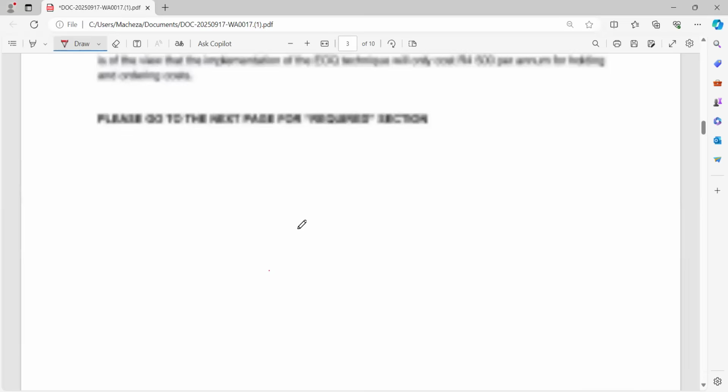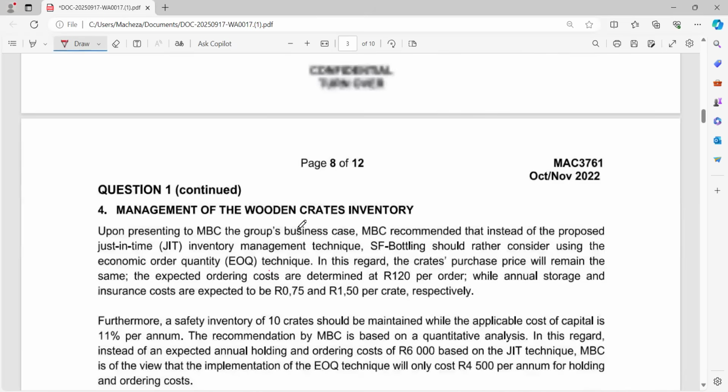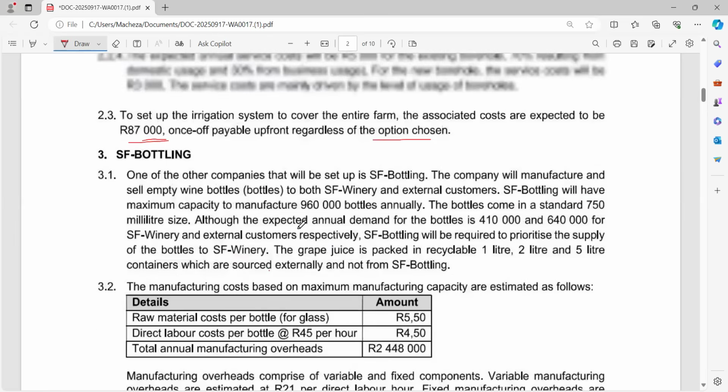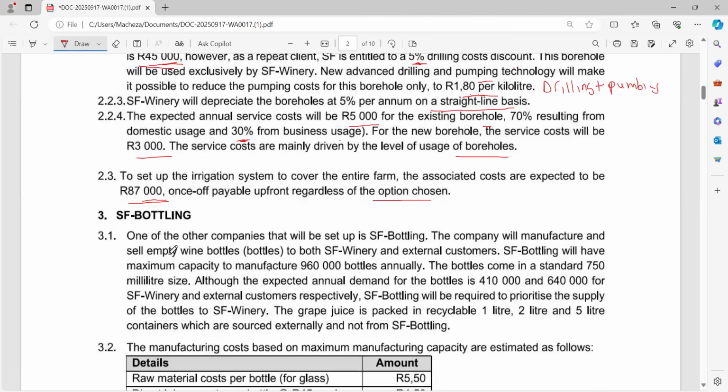Right, so let's look at 3. What are they saying about 3? Here they are saying one of the other companies, SF Bottling, will be set up. The company will manufacture and sell empty wine bottles to both SF Winery and the external customers.